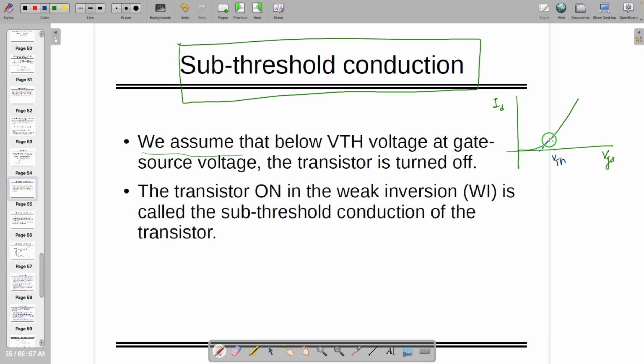Or you can take the tangent over here, and whatever is there, you can call, let's say, VTH. On that you can call it VTH2, somewhere like this. In between there is actually conduction, so that is subthreshold conduction, or you can say that from weak inversion to strong inversion, that particular region is actually subthreshold conduction.